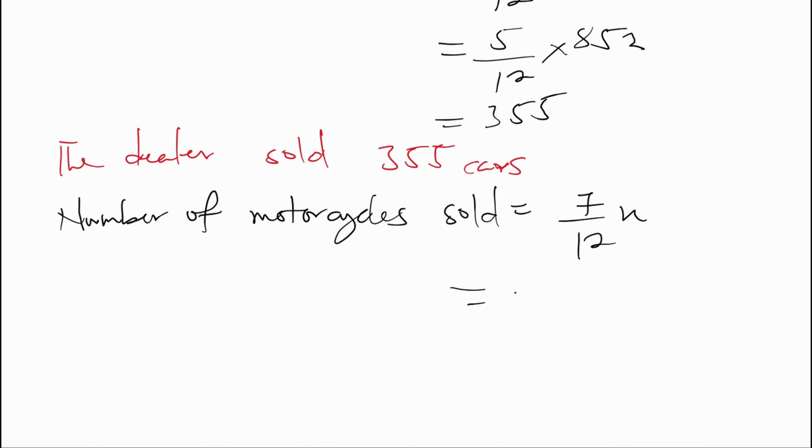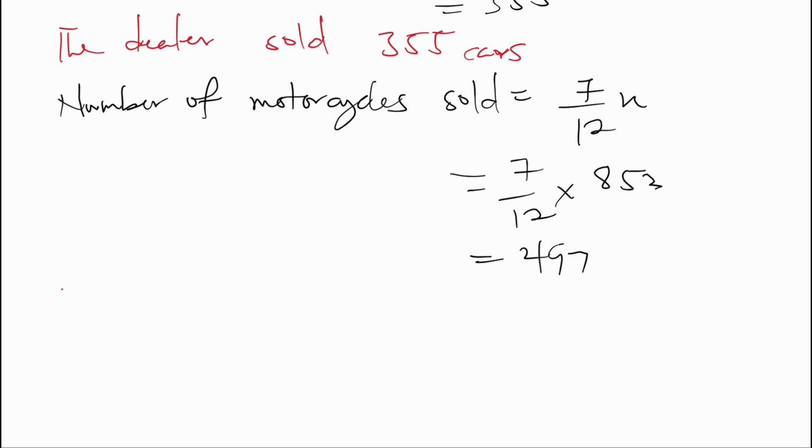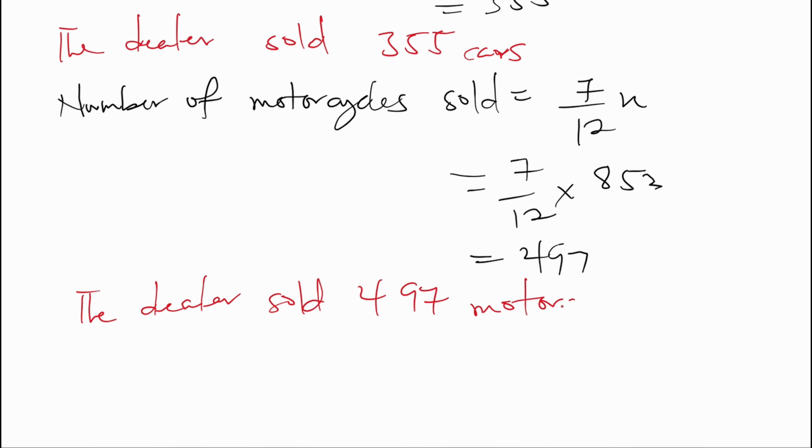So this would be equal to 7/12 times 852. 7/12 times 852 will give us 497. So we can say that the dealer sold 497 motorcycles. So this brings us to the end of question 9A.